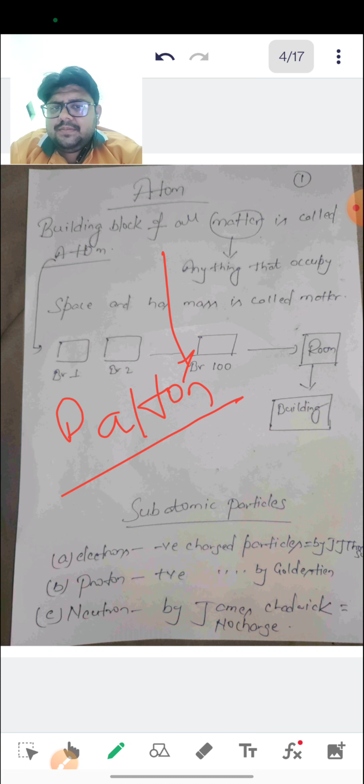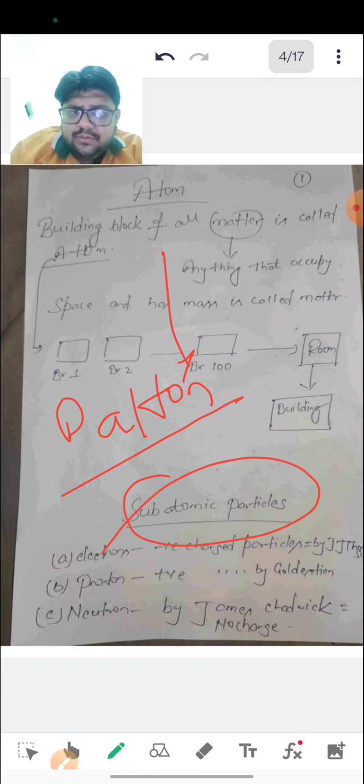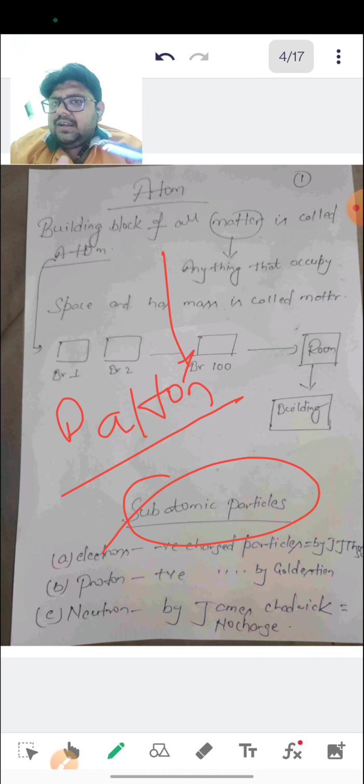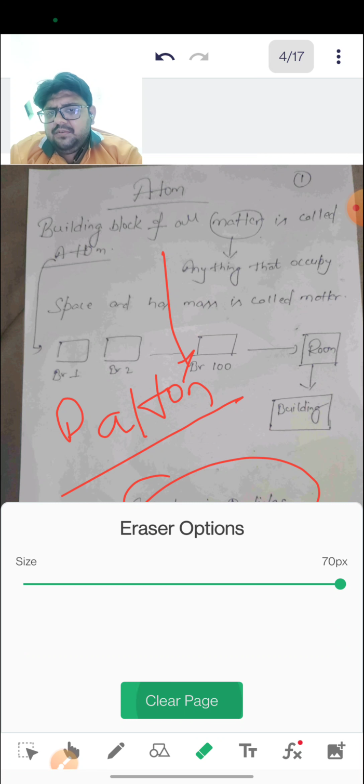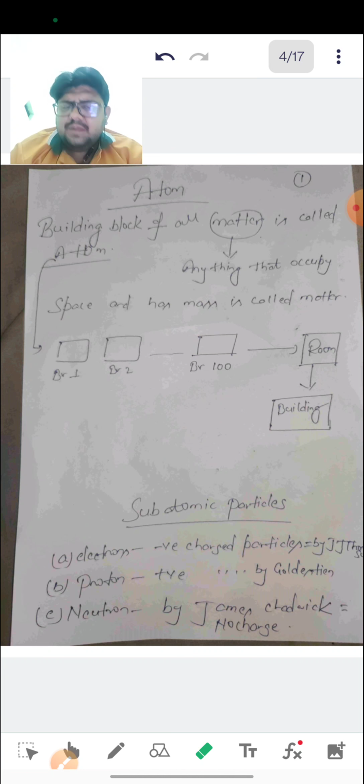But after the discovery of the subatomic particles, the theory proposed by Dalton was not accepted very much. So we have to understand what these subatomic particles are.